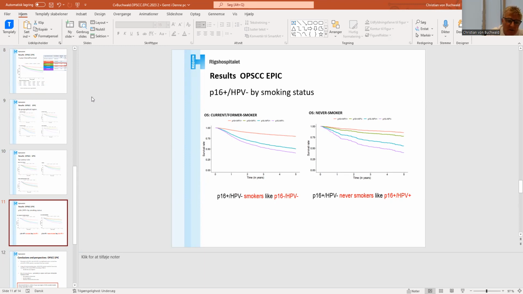It's also quite interesting that when we look at never smokers, we find that the cohort of P16 positive, HPV negative never smokers has almost the same prognosis as never smokers that are P16 positive and HPV positive.